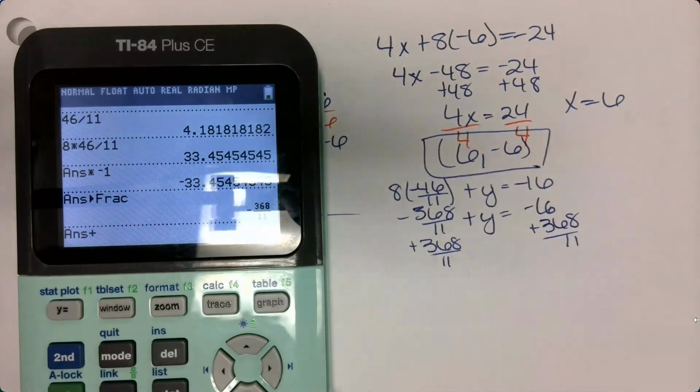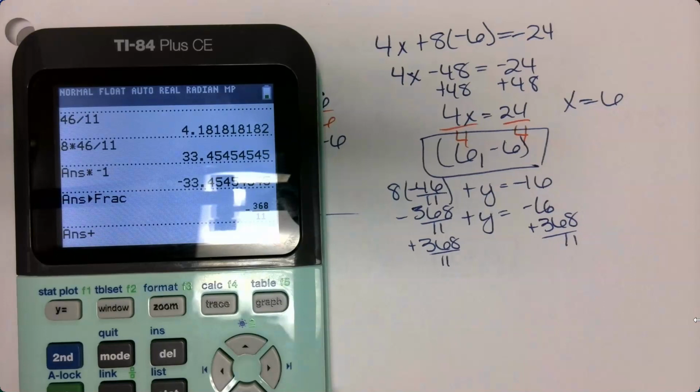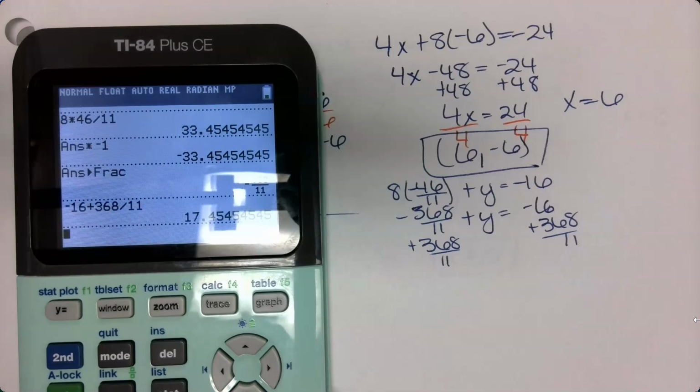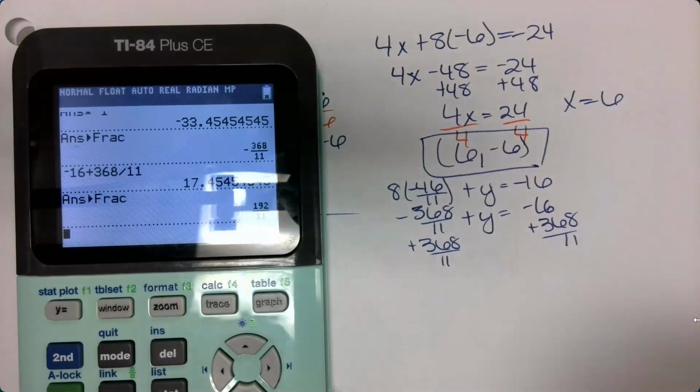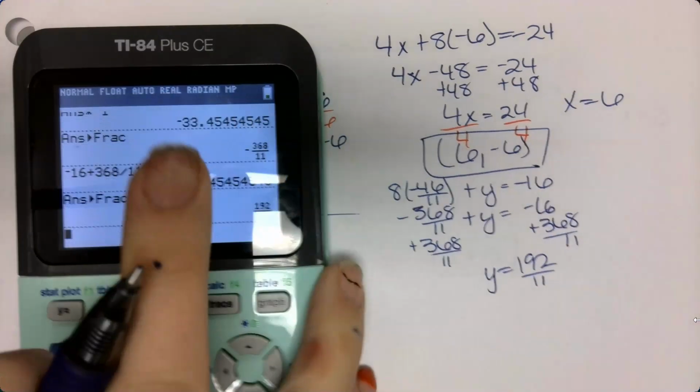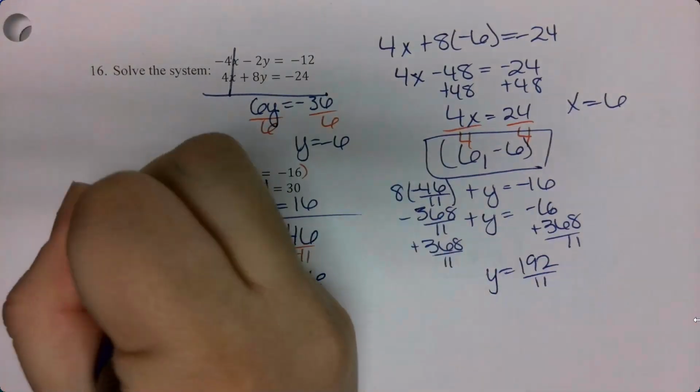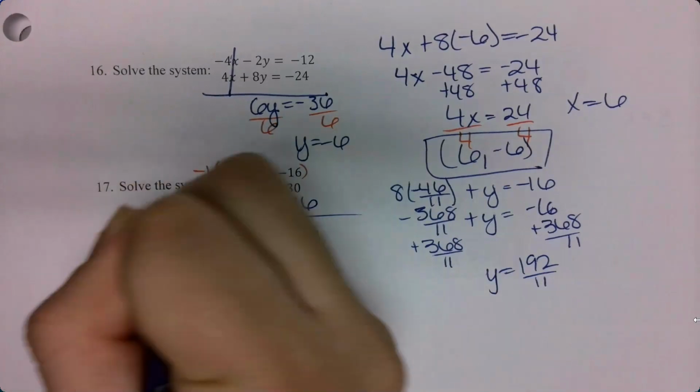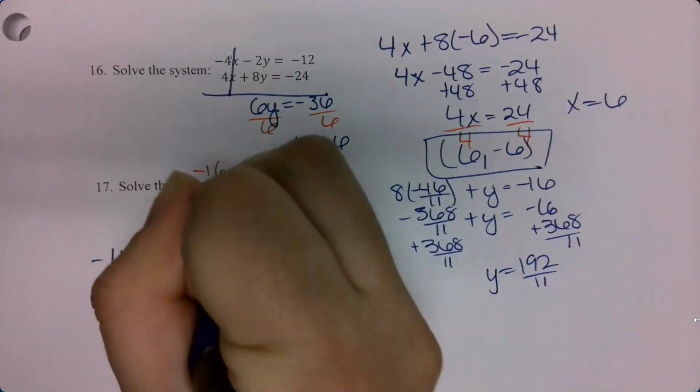Negative 16 plus 368 divided by 11. Turn this back into a fraction. I get 192 over 11. So my answer here is going to be negative 46 over 11, comma 192 over 11.